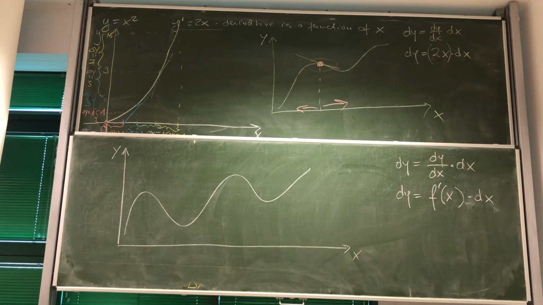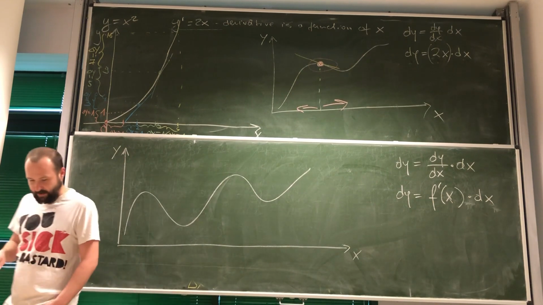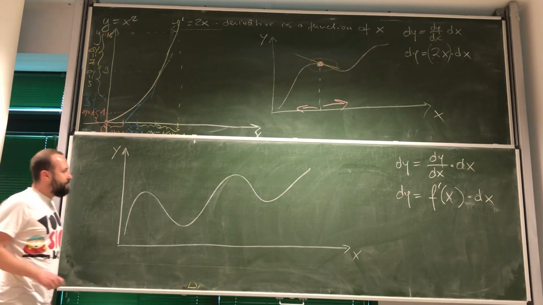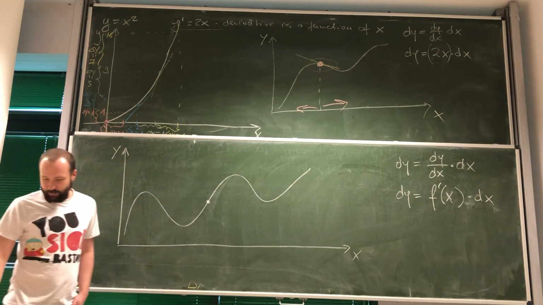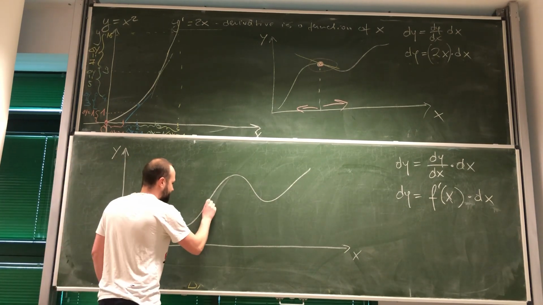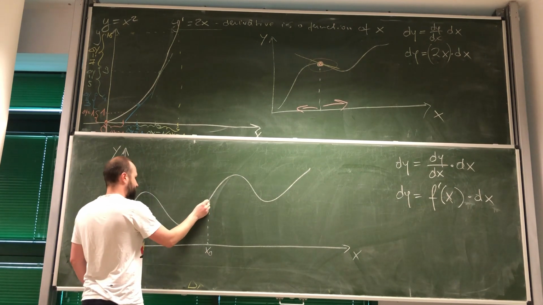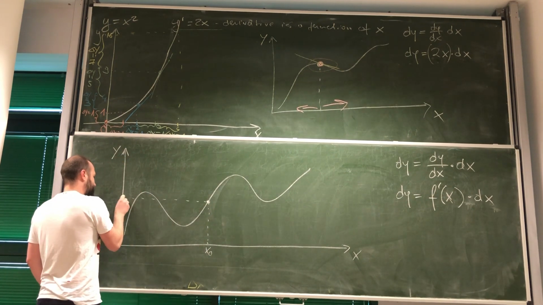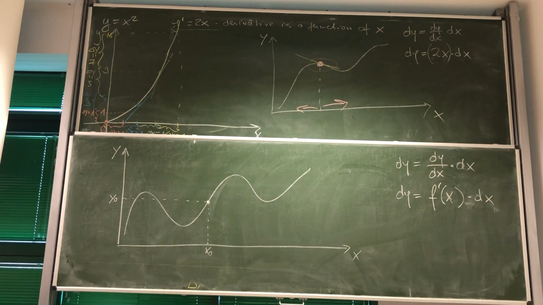I've written it in two forms because this is going to be the key to understanding what information we get out of the differential. Okay, look, imagine that we are at this point, where x is equal to x0 and y is equal to y0.